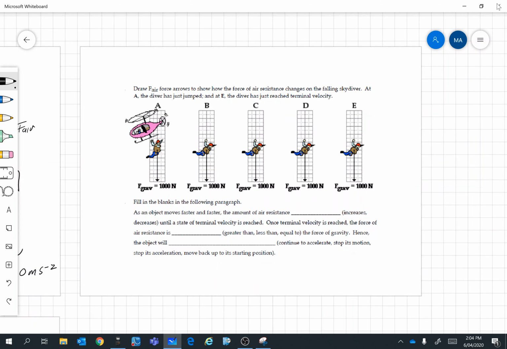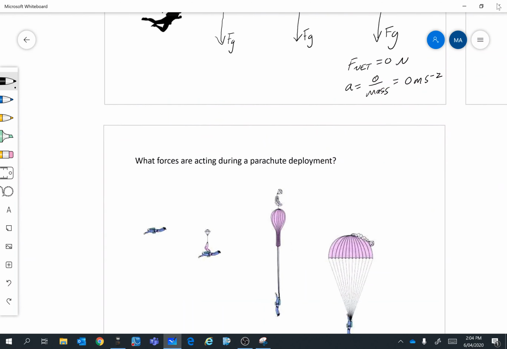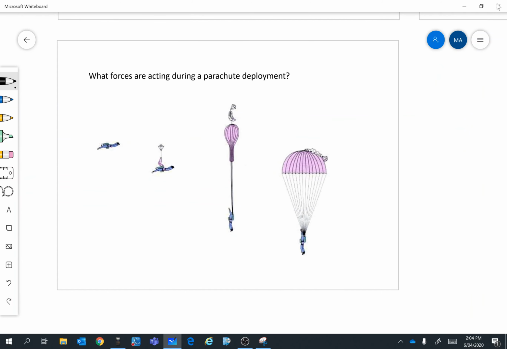I'll leave you to have a look at this, the answers are in the notes to this example, so go ahead and try that one. This is a skydiver jumping out of a helicopter. Just want to briefly discuss this one, because it can be a little bit confusing what's going on here.